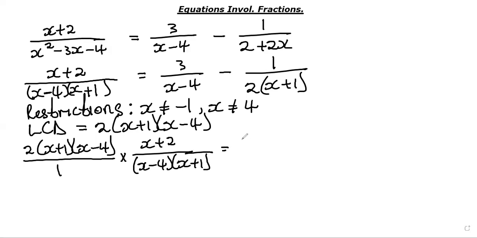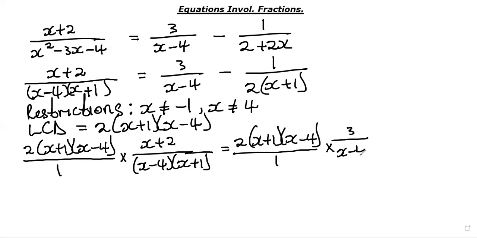Then you say this is equal to LCD over 1 multiplied by 3 over (x minus 4), like that. And then you say minus LCD over 1, and this is multiplied by the last term. I'm running out of space. Sorry about that. Fine.